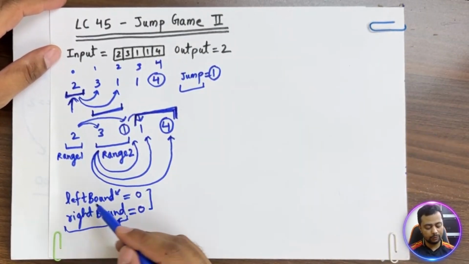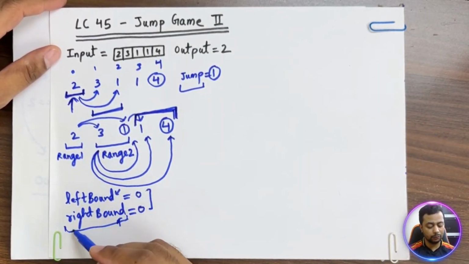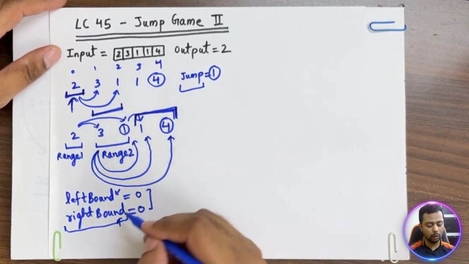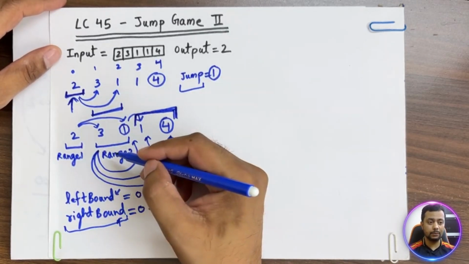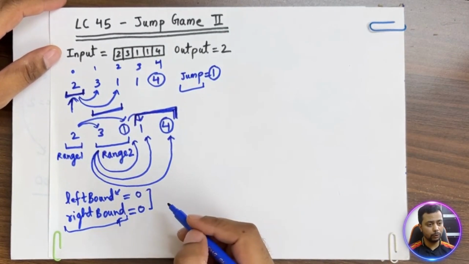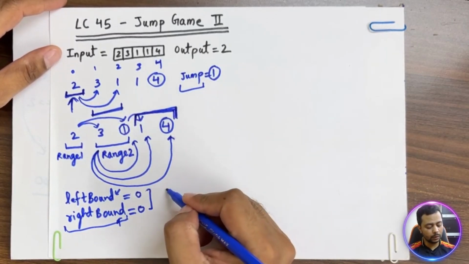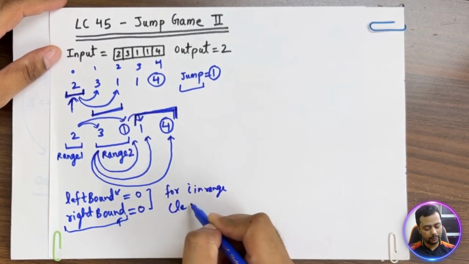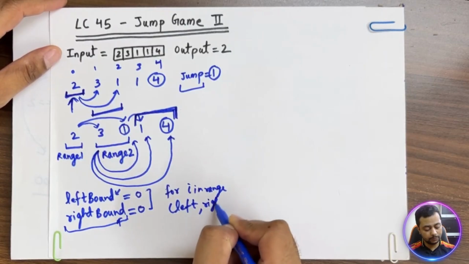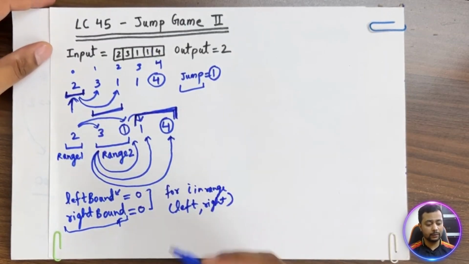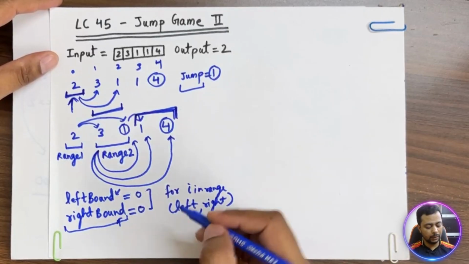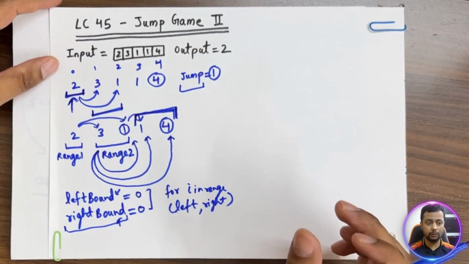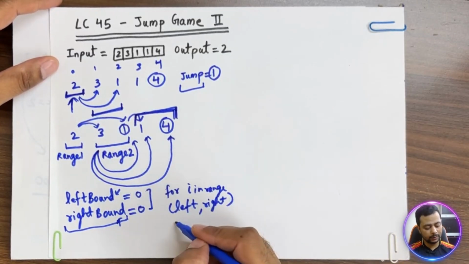So let's see the dry run for this problem, and then things will become much more clear, like how these left bound and right bound are getting calculated, and how exactly we figure out where to locate the right bound. So right bound will basically need to be updated to the point which is the last reachable point from any particular range. And for that, we will iterate for i in range left bound to right bound, and we will have a temporary variable which will tell you which is the last reachable position from the current range, and let's call it farthest.